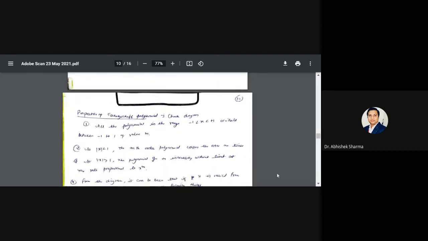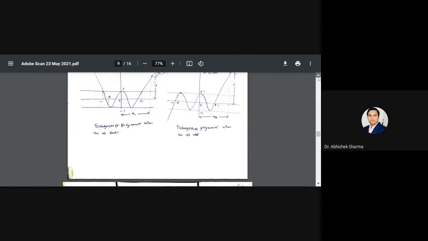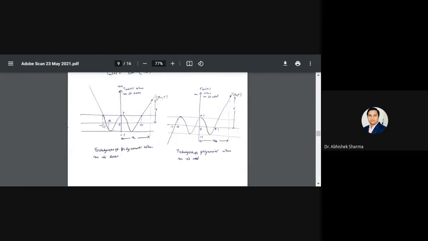Now the second property: if x is less than 1, then the mth order polynomial crosses the axis m times.